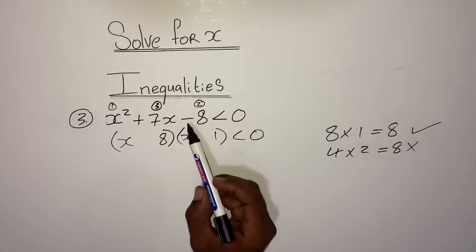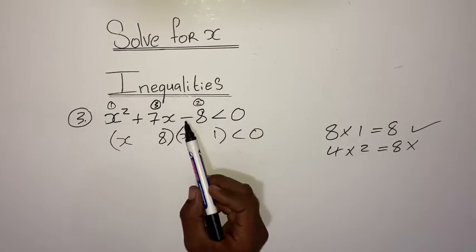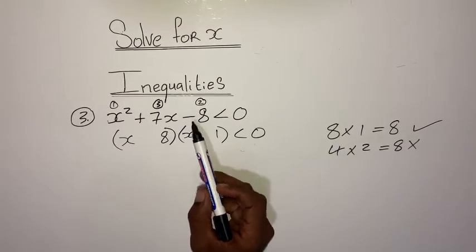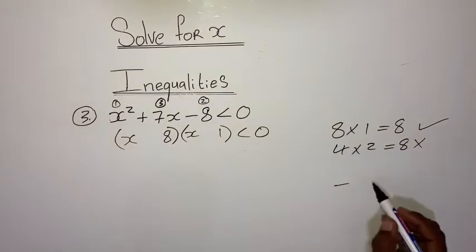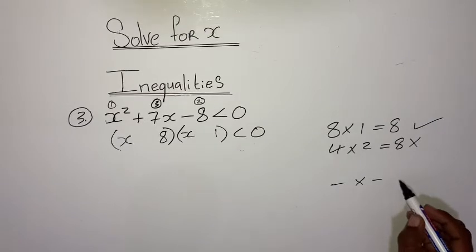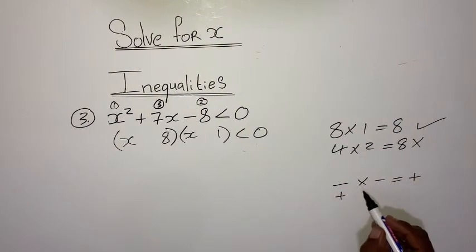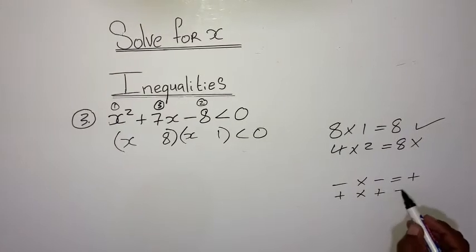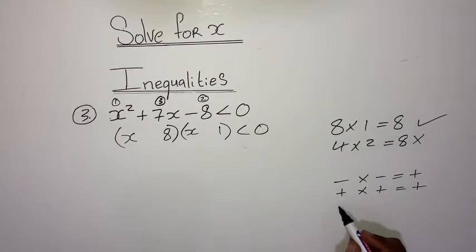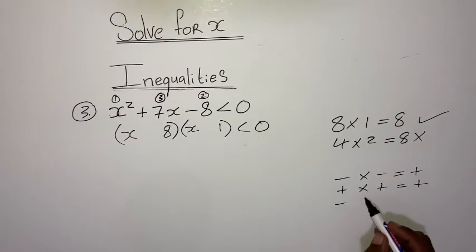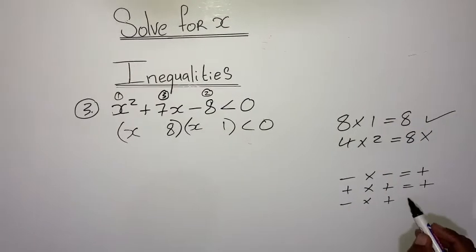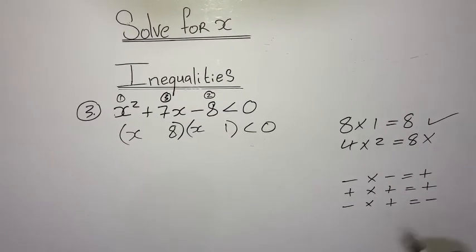Then we go on to look at the sign of the constant, which is a negative. Then we go to our product rule: a negative times a negative gives us a positive, a positive times a positive still gives a positive, but a negative times a positive gives a negative.